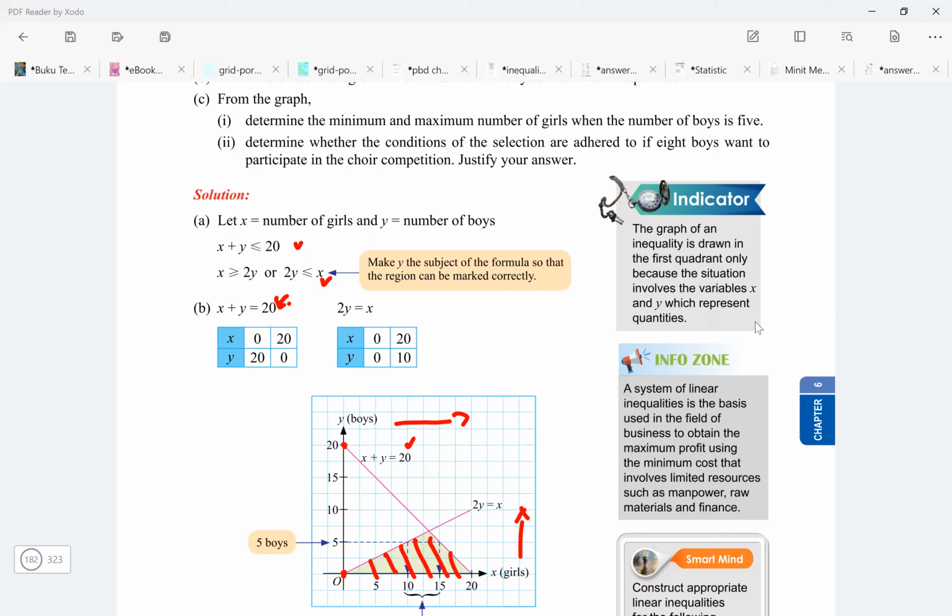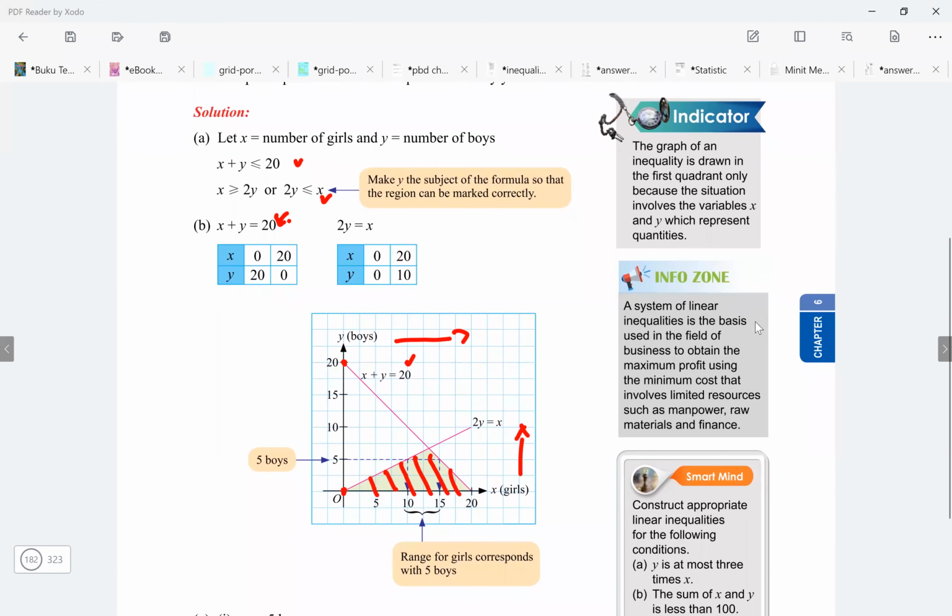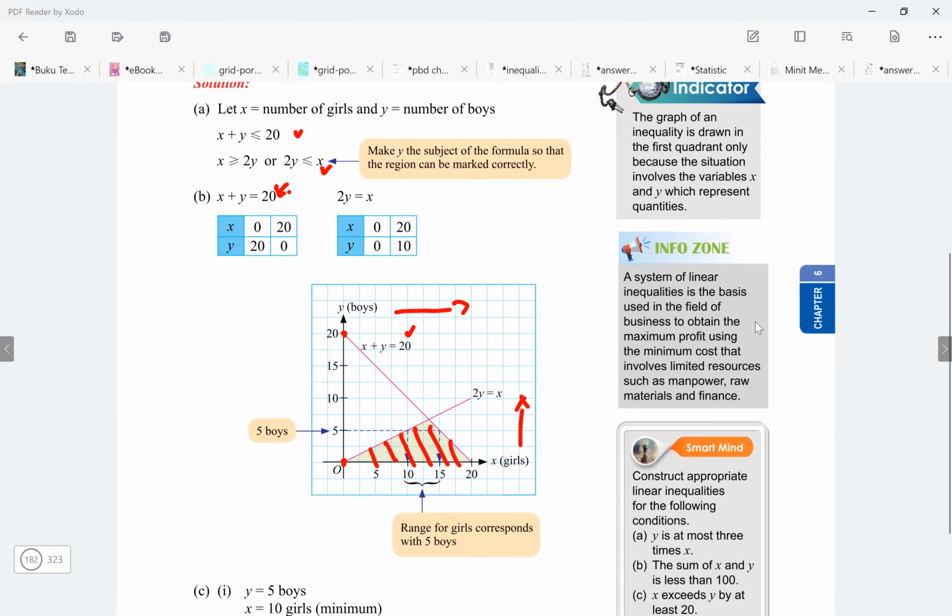If we have 5 boys, what is the minimum and the maximum number of girls? If the boys is 5, you take your graph and look at the minimum point at the shaded region. What is the minimum point of y here, x here? 10, right?